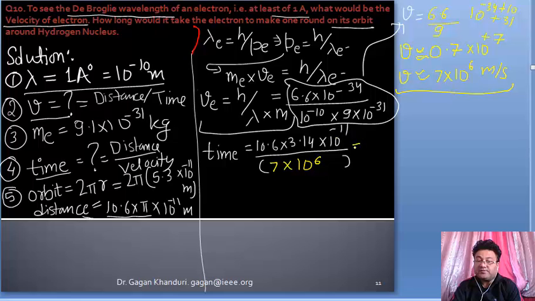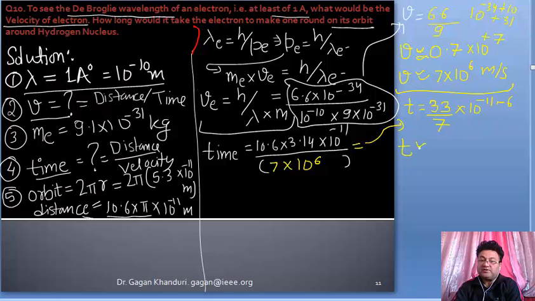So time would come out to be 10.6 into 3.14. I can take it as 11 into 3. So it will be about 33 by 7 into 10 raised to power minus 11, and this 6 will come up and become minus 6.